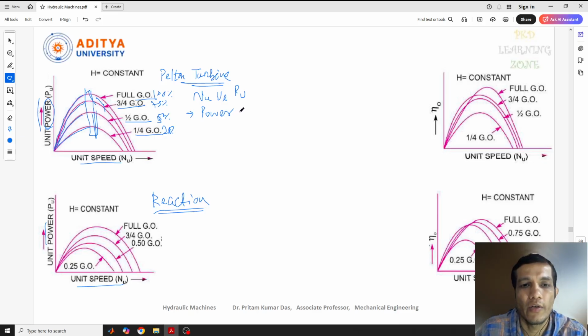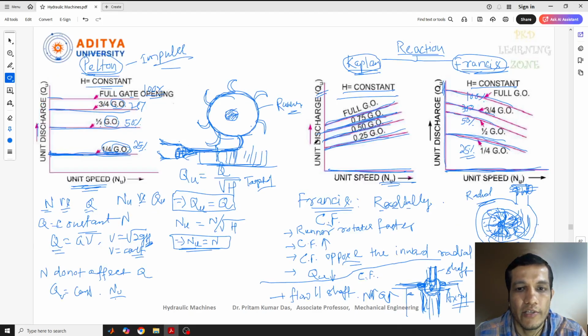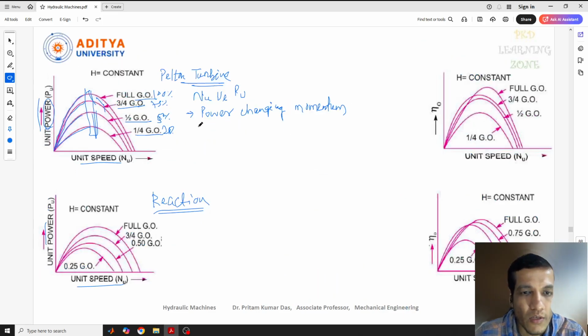Power will be produced by a change of momentum. If you see this diagram, when the jet strikes this bucket, the momentum of the runner changes. The faster it strikes, the faster the runner starts running. So the power is produced by the change of momentum.